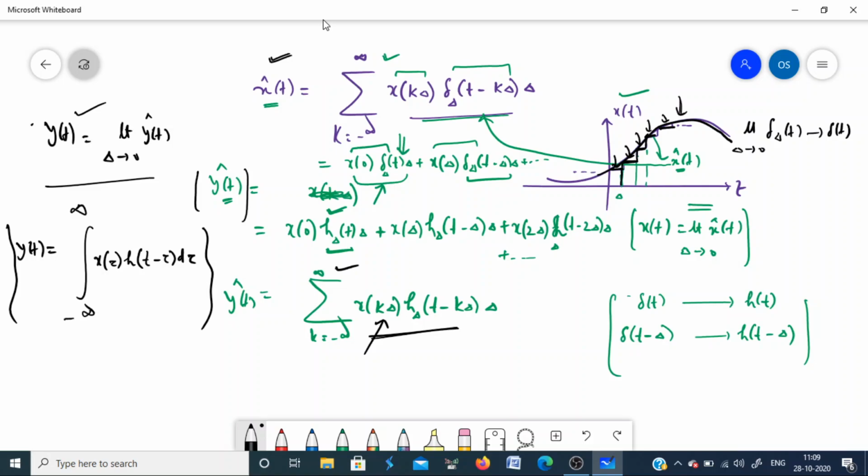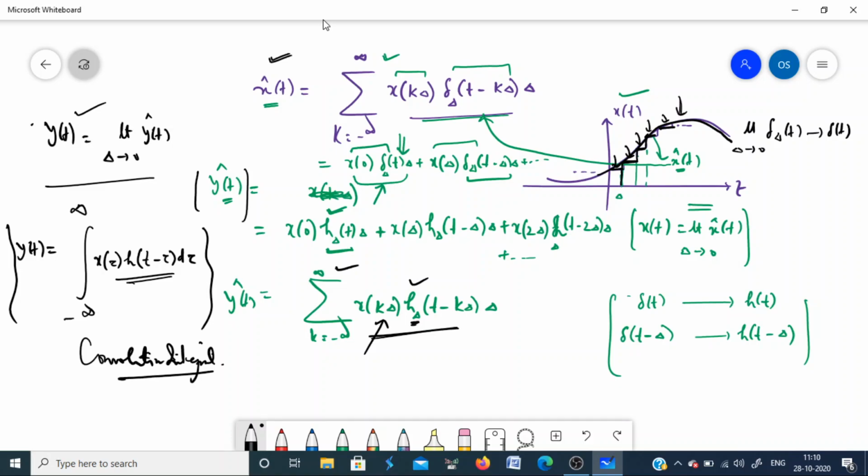Okay. Now in this equation, in the h I have removed this subscript delta, because now when delta approaches to 0, this becomes the actual impulse response h of t. So this equation is called as your convolution integral. Okay.